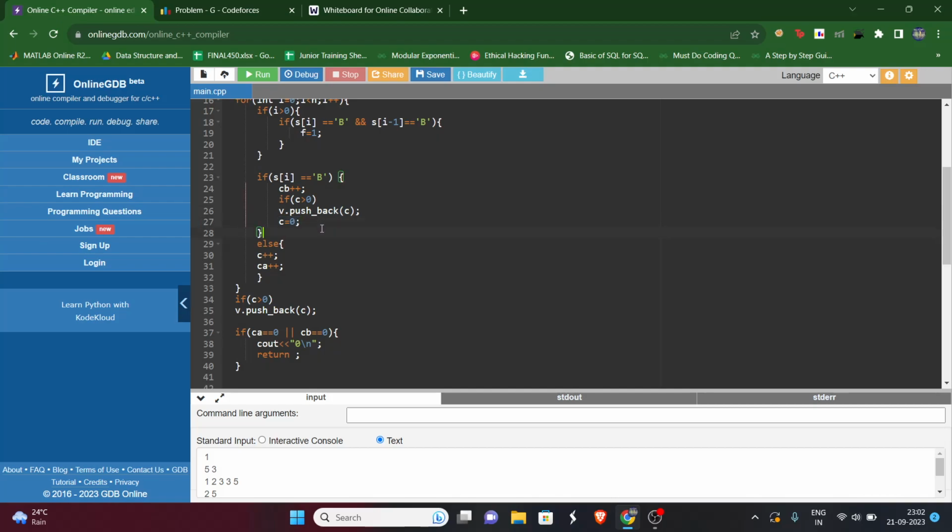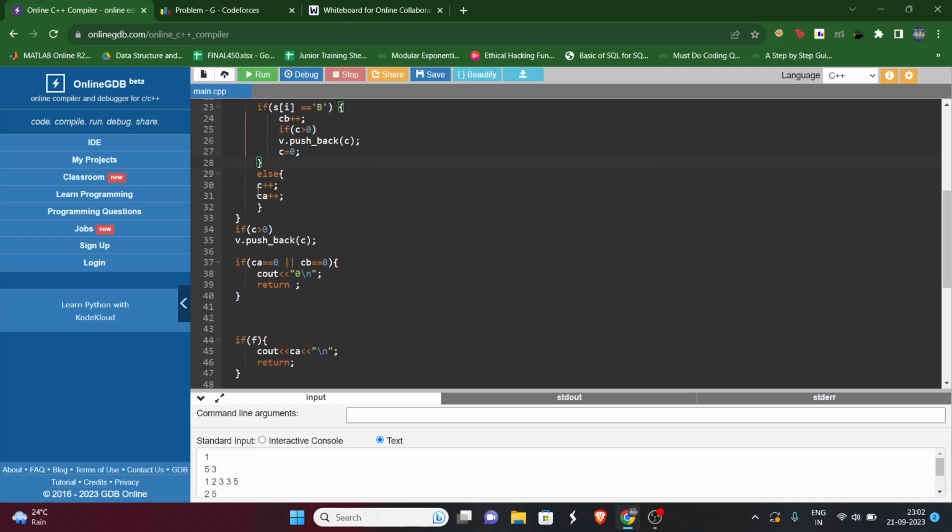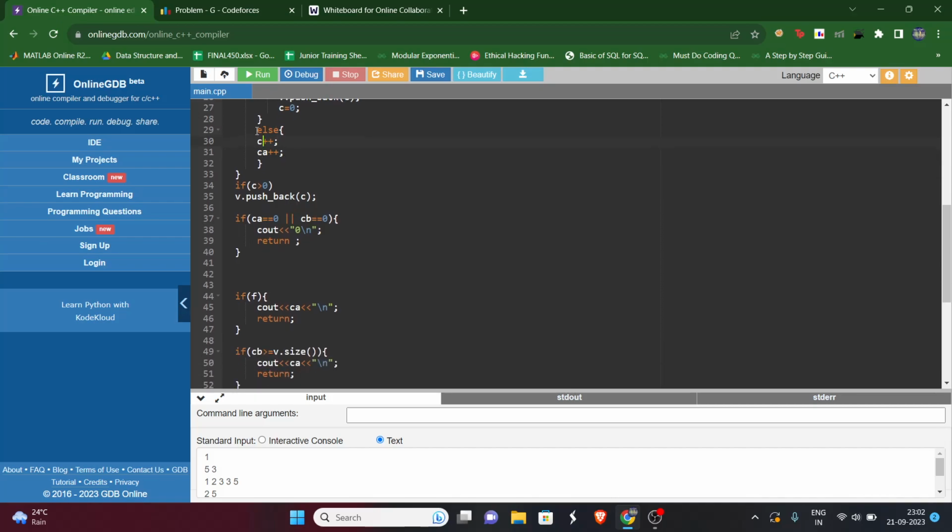Else if S of I equals A, then we increase CA, the overall count, and C plus plus, since C is the count of the current group.